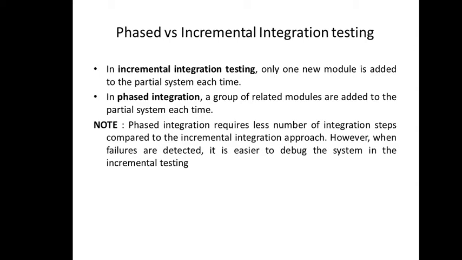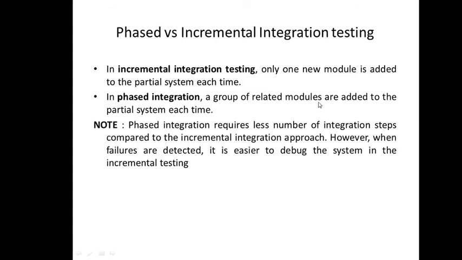I'll call them a group of modules, that is, say M2 and M3. Both of these modules will be added to M1. That is phased. In a phase or in a layer, all the modules are added together, right? Then in the next step, I can add M4 and M5 to the previous ones. So that is known as phased integration testing.